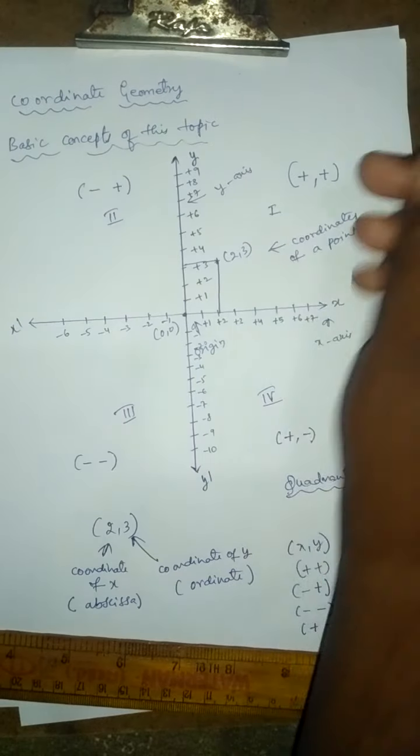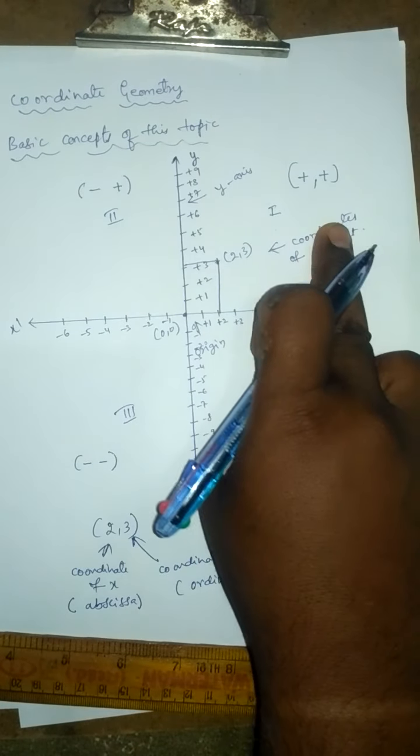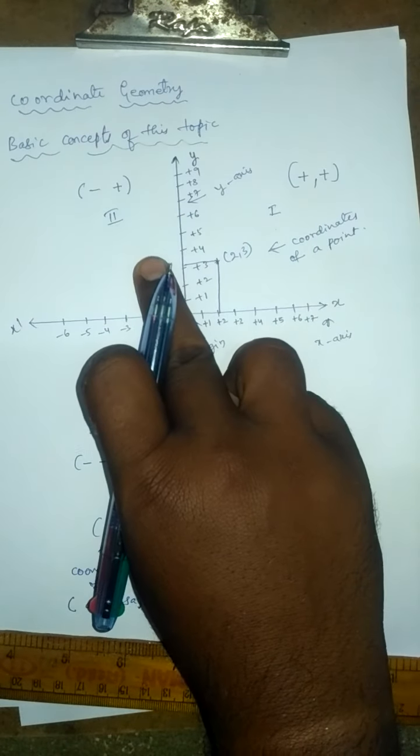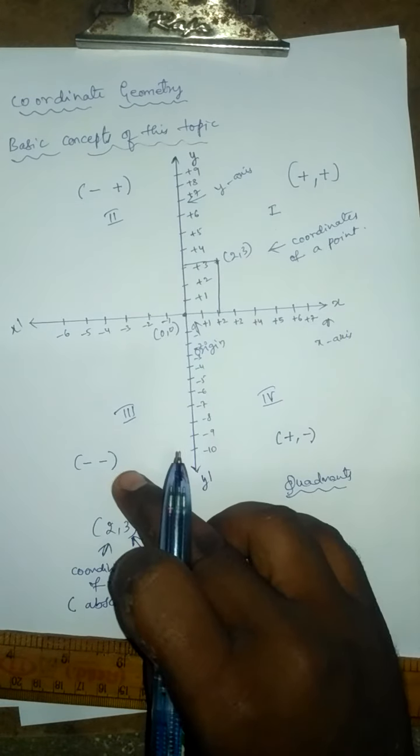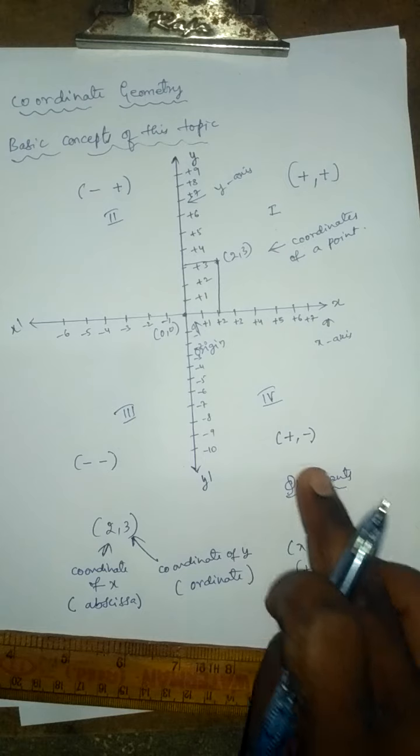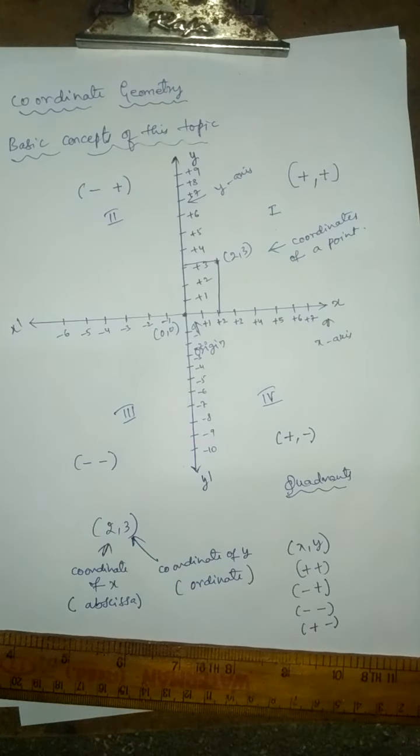So in the first quadrant both coordinates are plus plus, second quadrant minus plus, third quadrant minus minus, fourth quadrant plus minus.